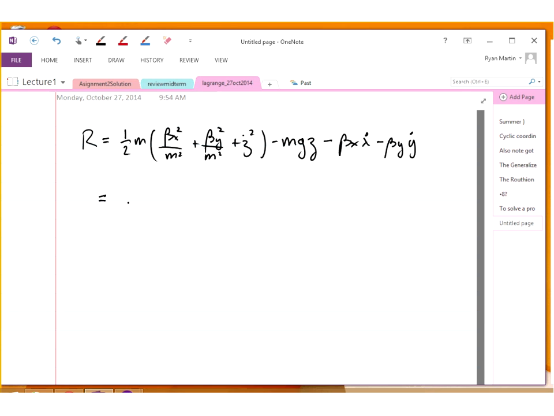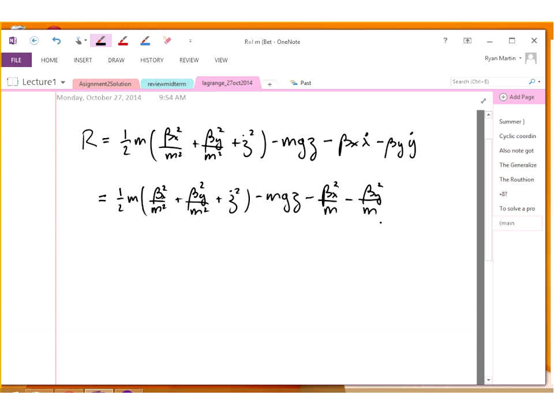So if I rewrite this, the first term is unchanged, so I have a half m beta x squared over m squared plus beta y squared over m squared plus z dot squared minus mgz minus, so beta x times beta x over m. So that's beta x squared over m minus beta y squared over m.